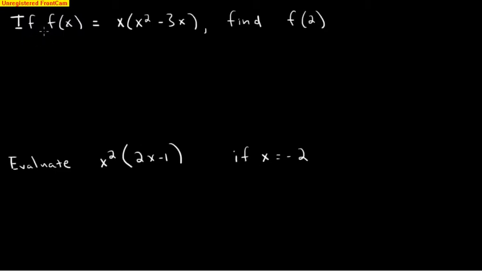So here's an example, and then we'll see how it relates to what we've done before. If f of x, that's like saying, oh, here's a function. If f of x equals x times the quantity x squared minus 3x, find f of 2. What that's saying really is, here's a function. What is the value if you plug in 2 for all the x's? We've done things like that before. So you plug in 2 for the x's.